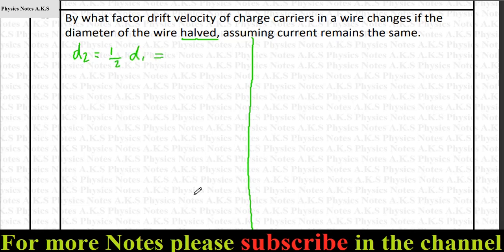And this means that the second radius is also half the first radius. We know that the speed is given by this formula: v equals I divided by number density multiplied by the area multiplied by the charge of one electron.